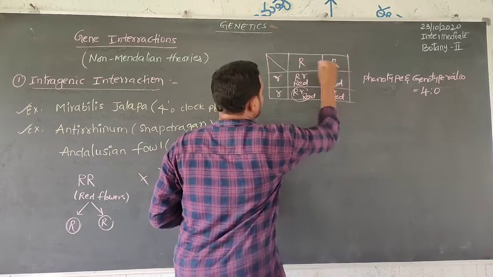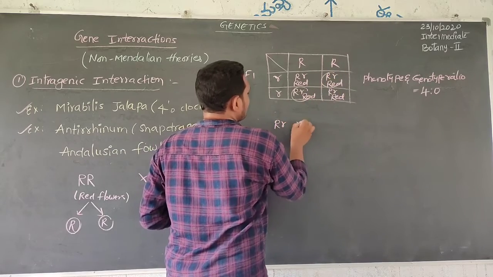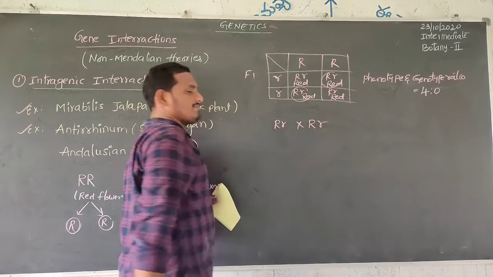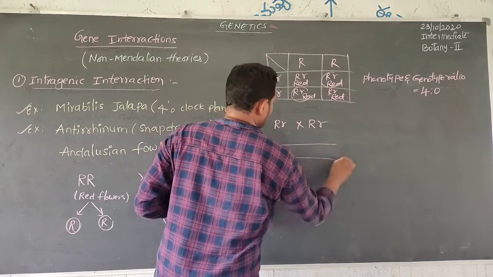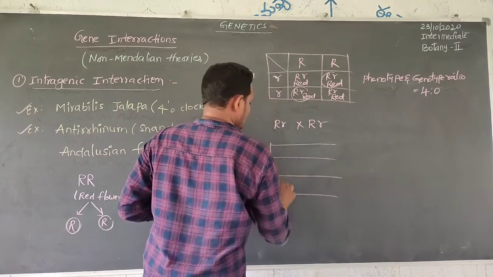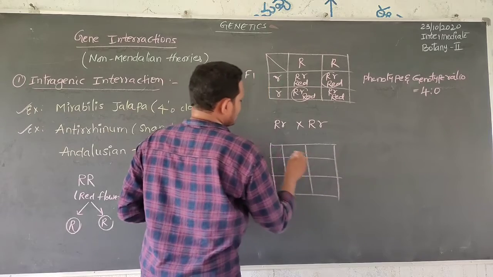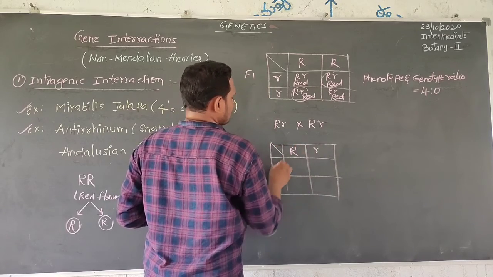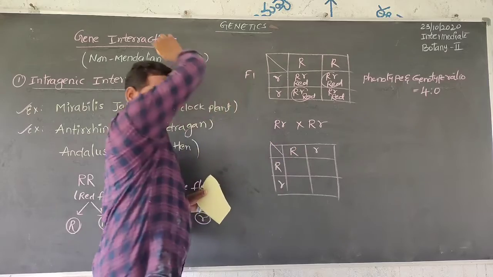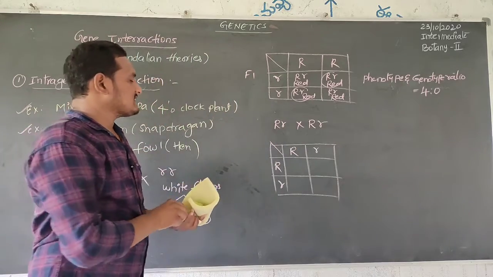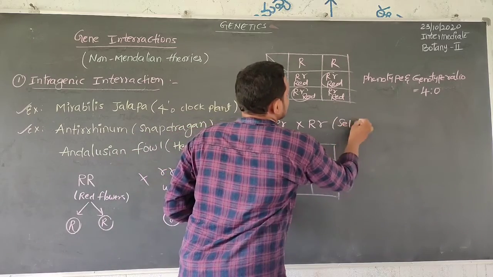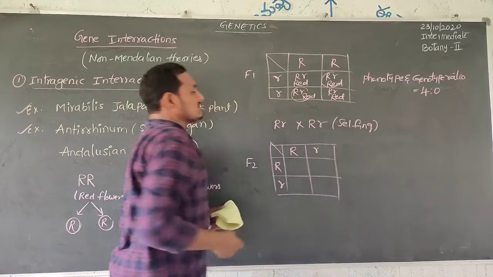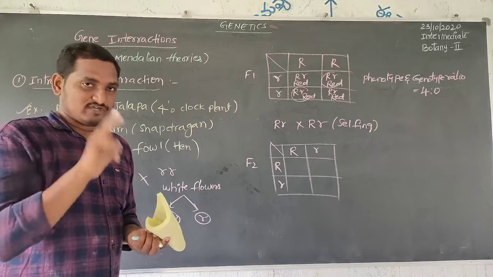We take these two plants, capital R small r and capital R small r. The F1 plants are selfed, so F2 is the self cross between two F1 plants.